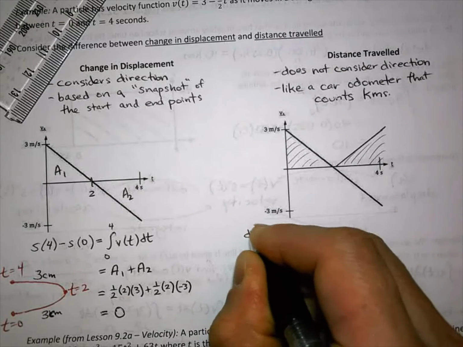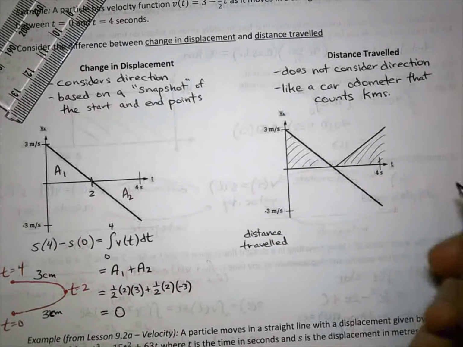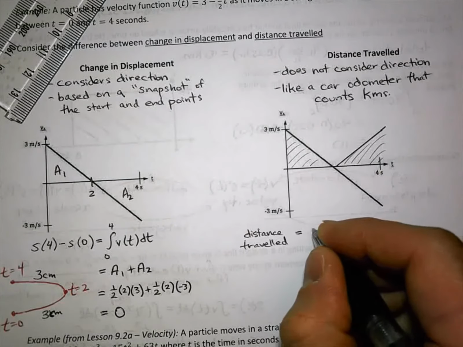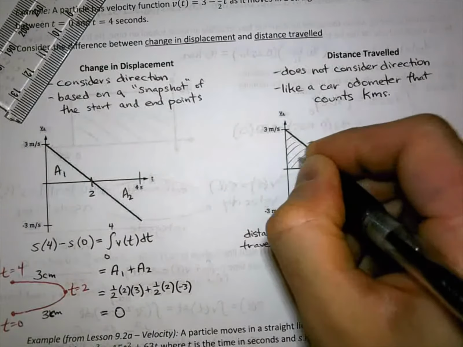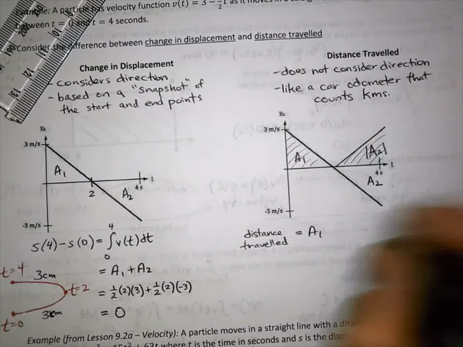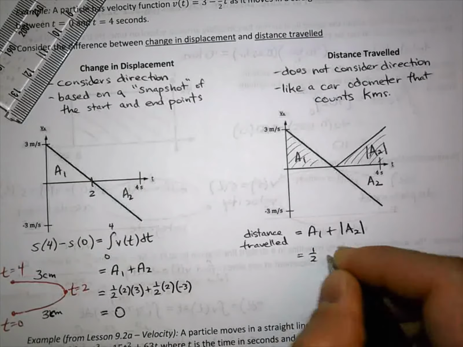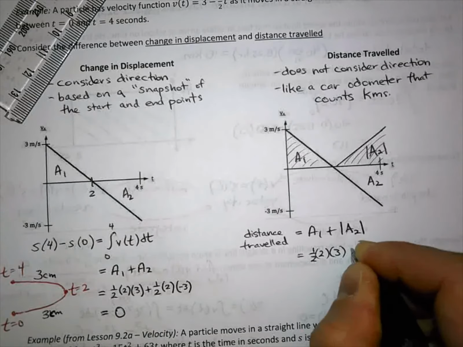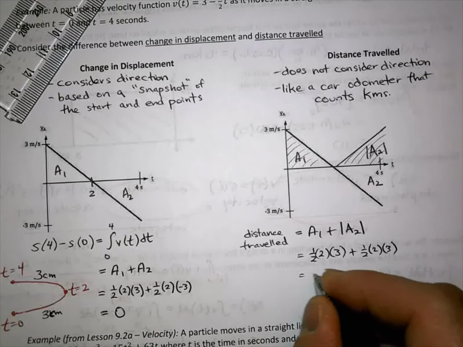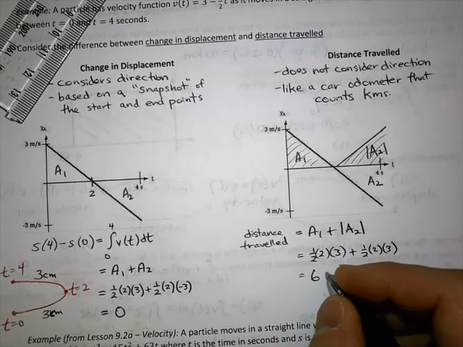Distance traveled is equal to, we're going to call it A1, plus the absolute value of A2. So that's going to be half times 2 times 3 plus half times 2 times 3. So you end up with 3 plus 3, so you get 6 centimeters or whatever the guy traveled.